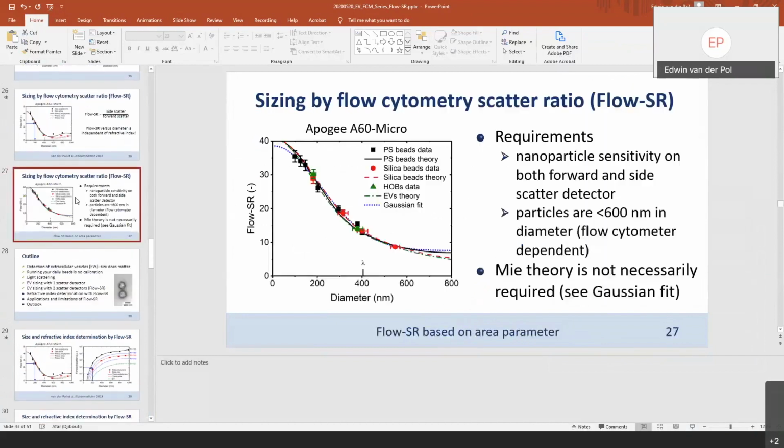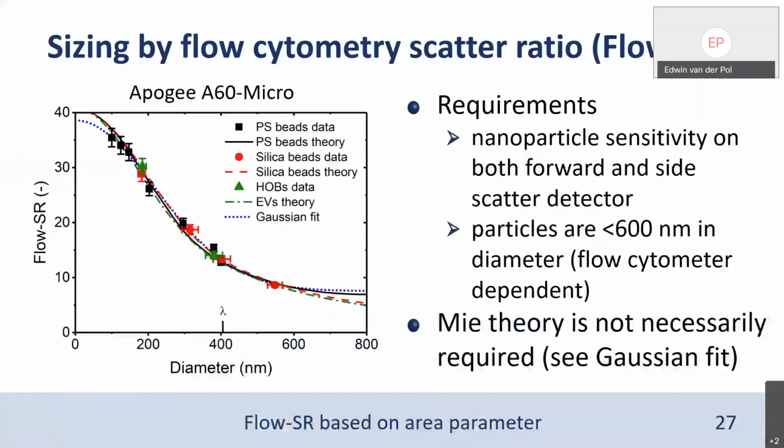So there are a few limits of this technique. The limit is the applicable size range, and right now this is for our flow cytometer between 200 and 600 nanometers. This is partly a hardware limitation, and it's partly a limitation of the whole flow SR approach.